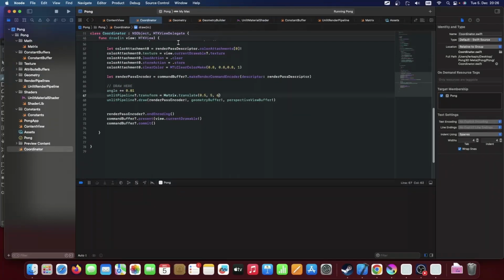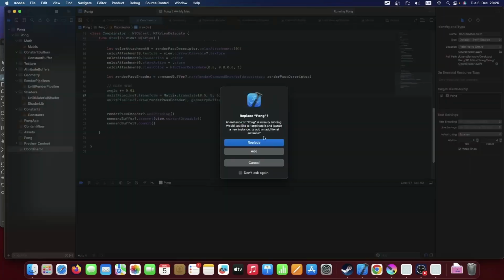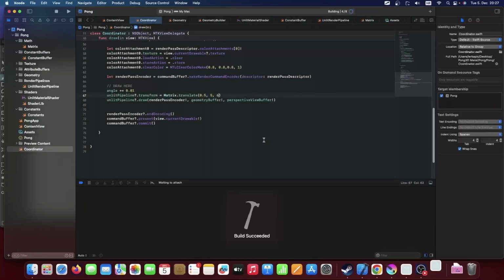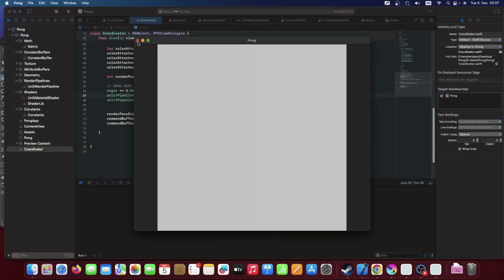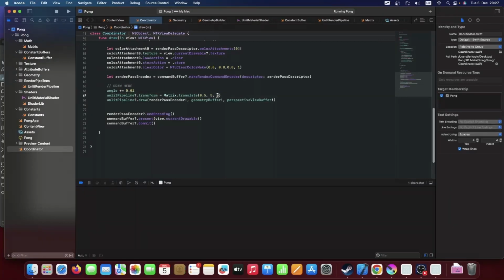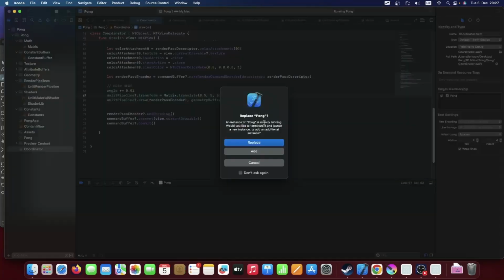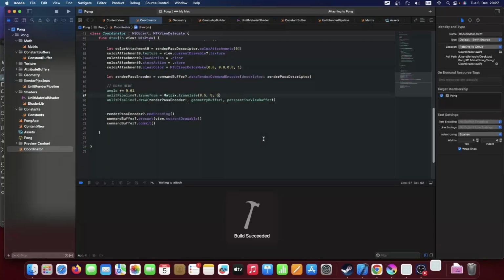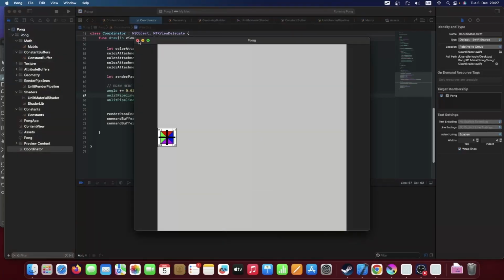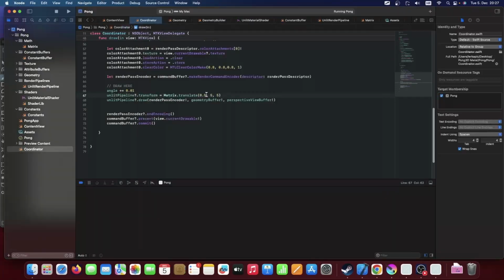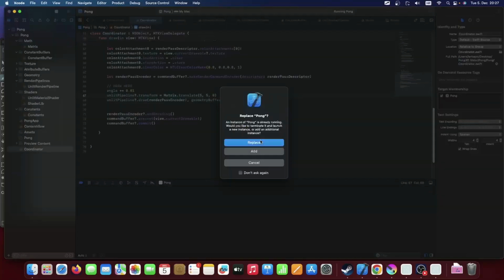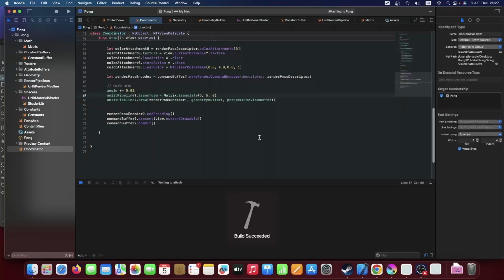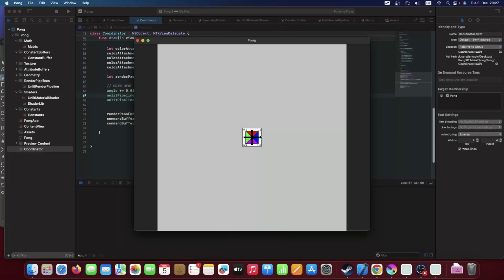If we are at 6, we're not going to see anything. That's correct. If we're at 5, we should still see it because we're in the correct space. All right, it's there. And if I place 5, 5, this z can be at 0, but 5, 5 should place us at the center. Yeah, it does. Cool.